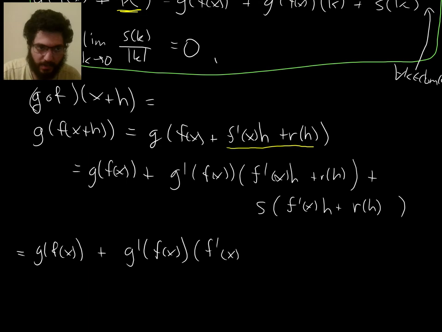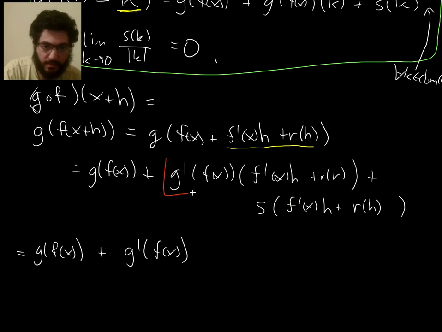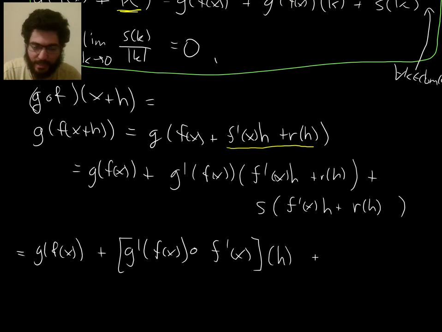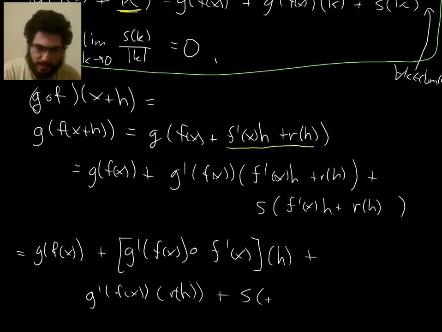So let me write it using composition. This first map is linear, so it distributes over this sum. And so the first term I get is the composite of these two linear maps, which is what I'm trying to get out of the chain rule, basically, applied to h, plus the remainder stuff, which is g prime f x of r of h plus s of f prime x h plus r of h.